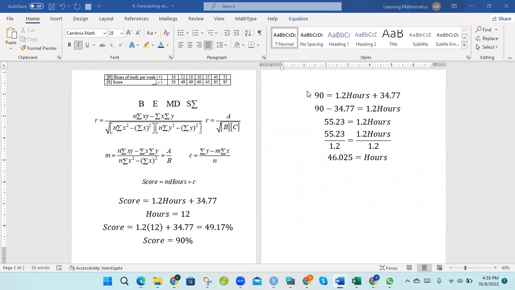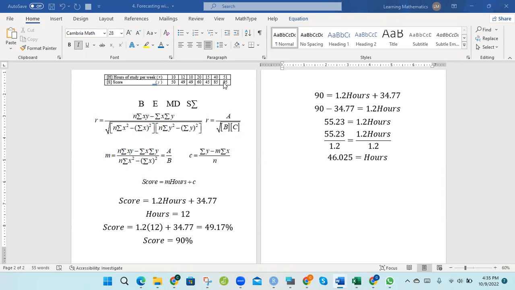Now, it is important to note that when you are using the linear model to forecast, always try to use values within the range of values. So we see we used 12, which is between 10 and 51. You see we used 90 because it's between 45 and 95.